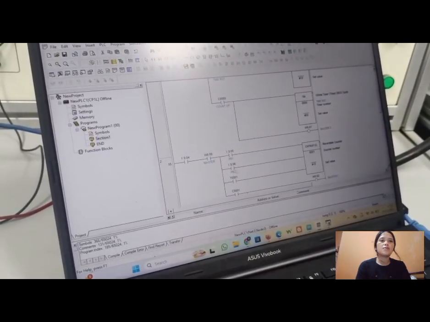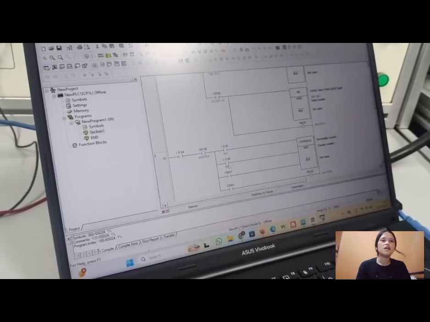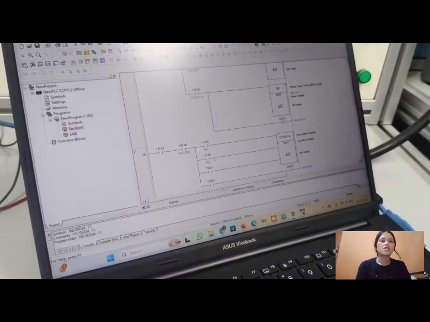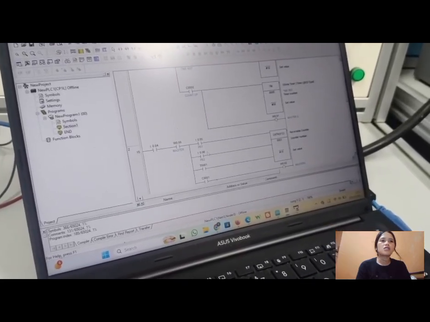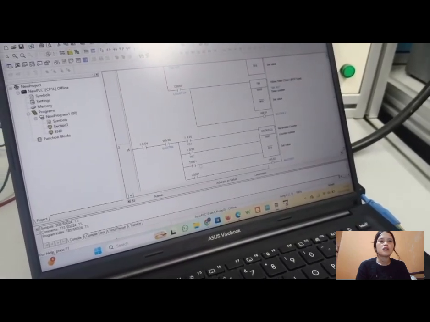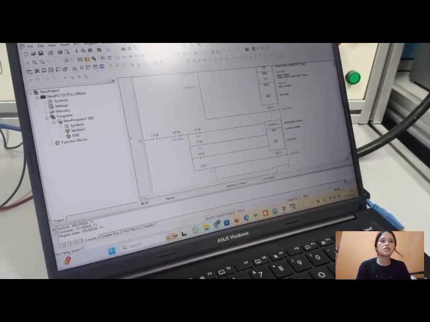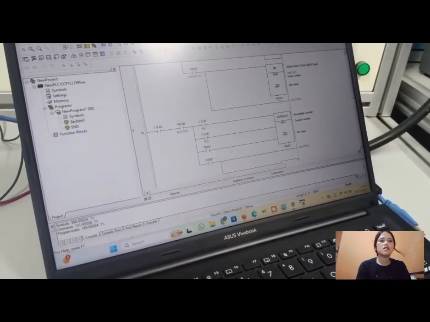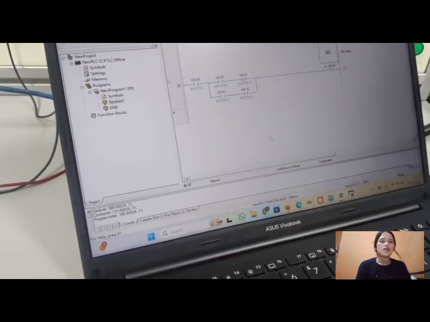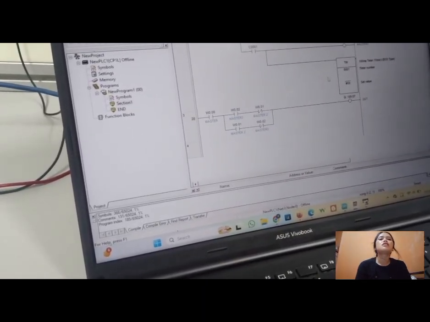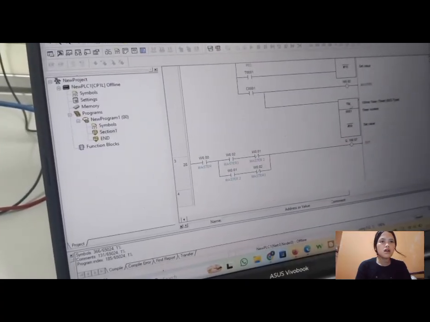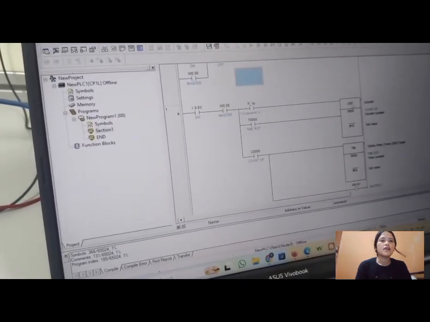For example, pressing the input button several times to reach the PV will cause the output lamp to turn on, showing that the counting process has reached its limit. If the reset button is pressed, the counter resets to 0 and the output turns off again.